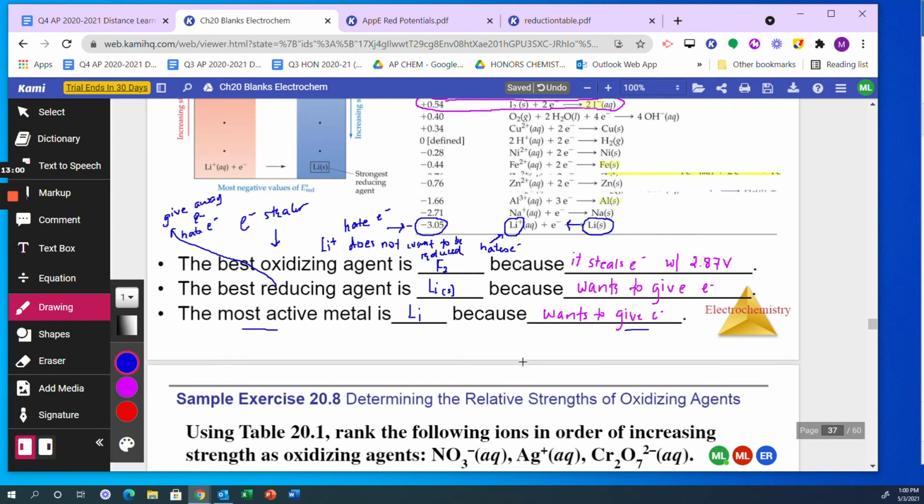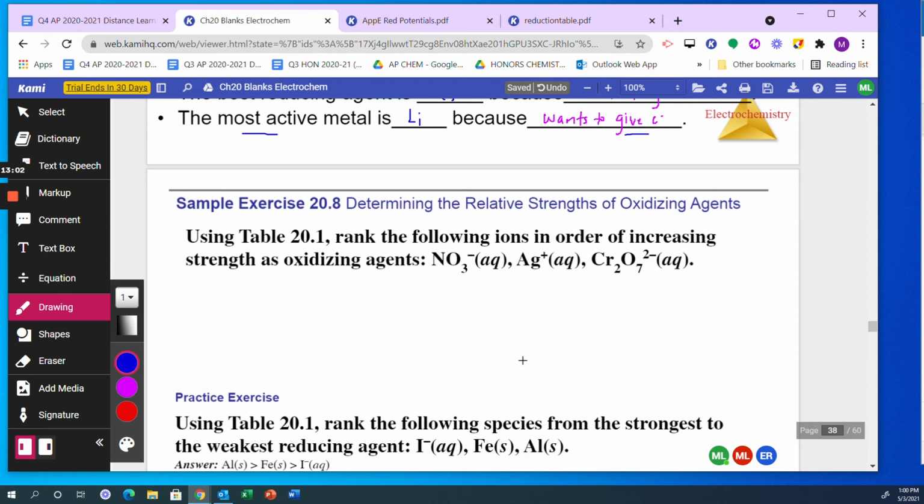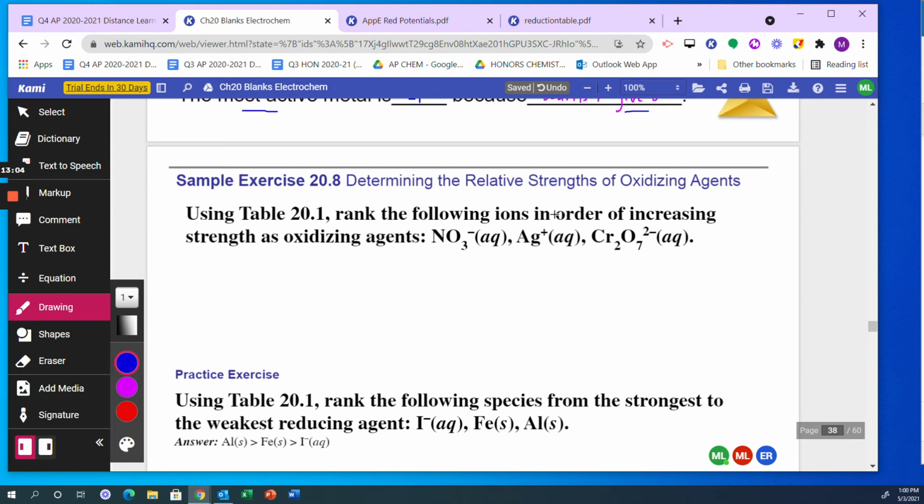Okay, so now let's do another example. It says rank the following ions in order of increasing strength as oxidizing agents. Let's think about this. Oxidizing agents are electron stealers, right? They want electrons.